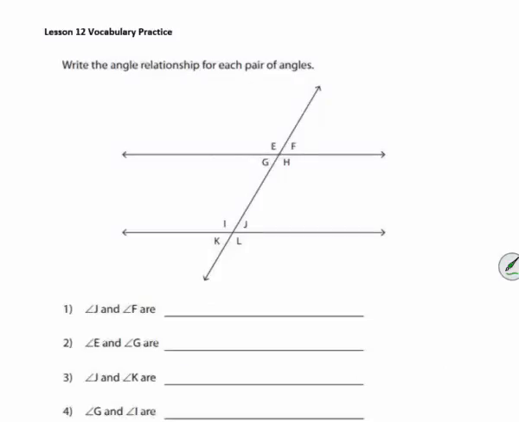Okay. I just want to do a couple of these for practice, and then we'll save the rest of it for class. So J and F. All right, well, here's J. Here's F. I want to know which one of my vocabulary words are those. They're on the same side of the line, so they're not one of our alternate. One's interior, one's exterior, so they can't be alternate interior or exterior. They are not diagonal from each other, but they are corresponding.